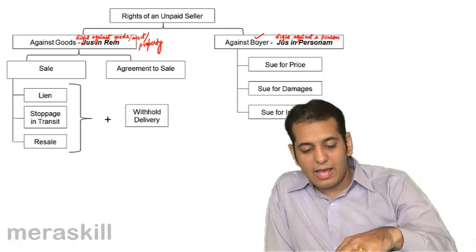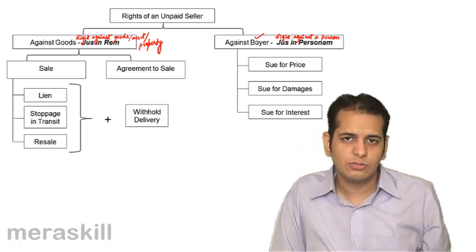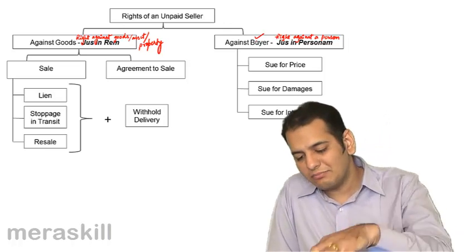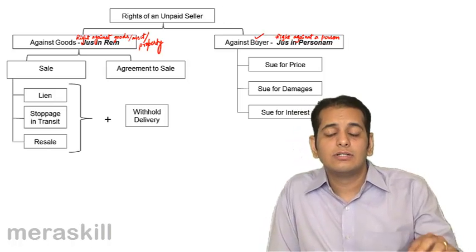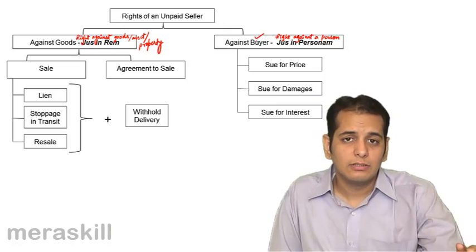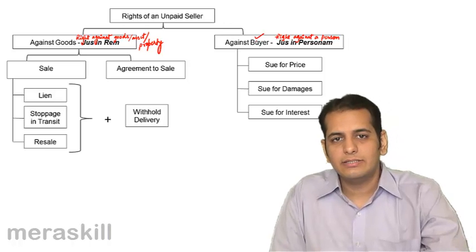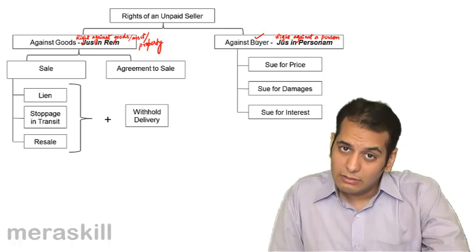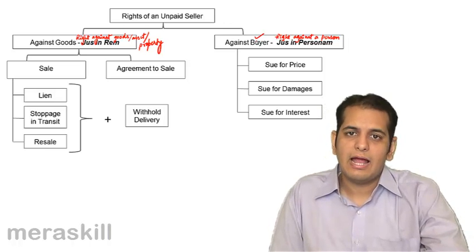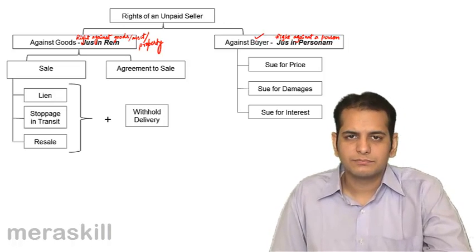So seller has some rights with regards to goods that he has sold, and he has some rights with regards to the buyer himself, against the buyer. He has some remedies which he can apply against the buyer and possibly lead to his redressal.